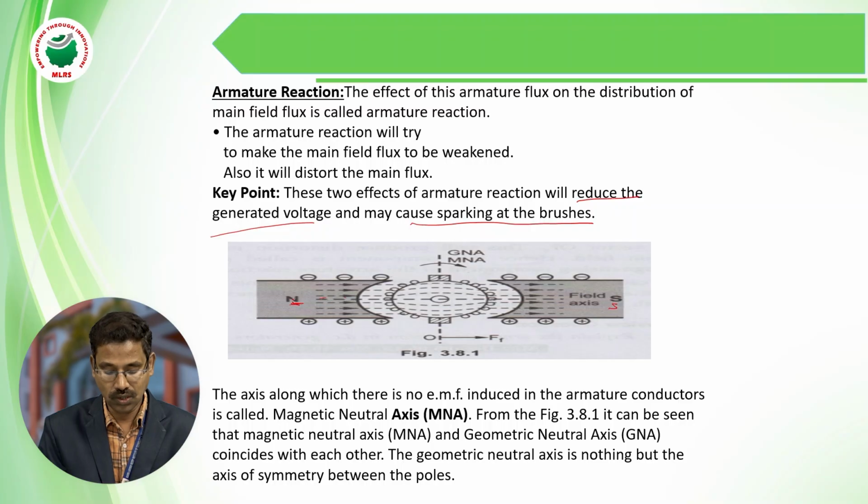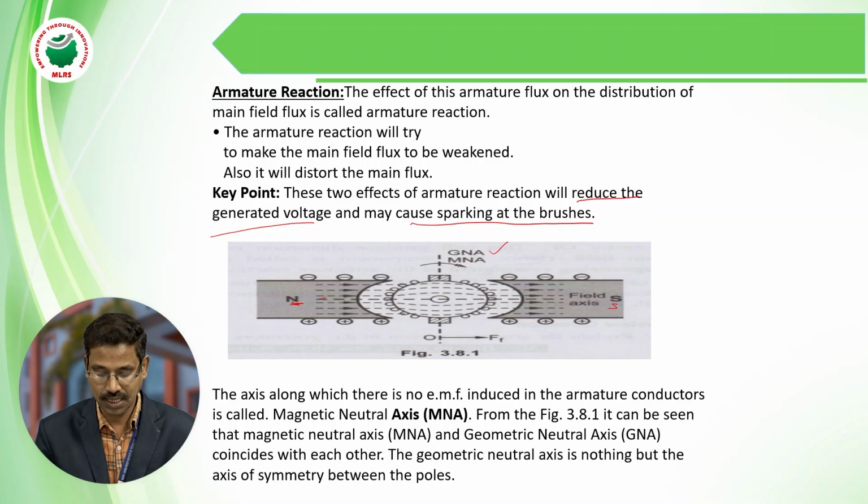The line joining the north and south poles is called the polar axis, also called the direct axis. The axis which is perpendicular to the polar axis is called the geometrical neutral axis, GNA.